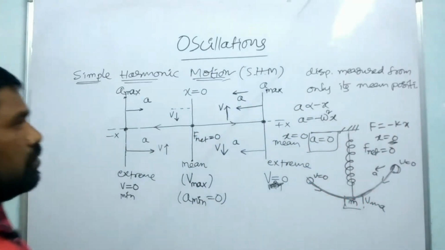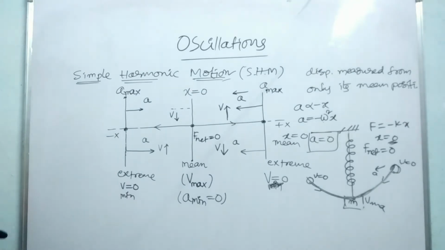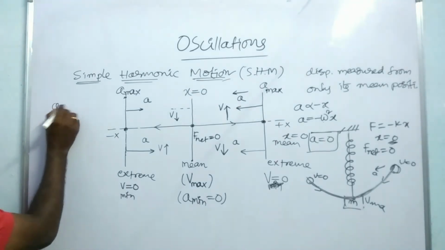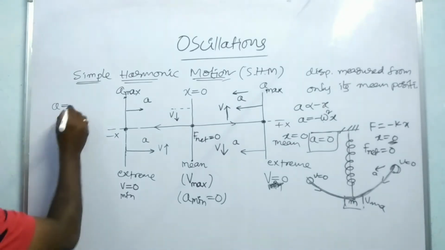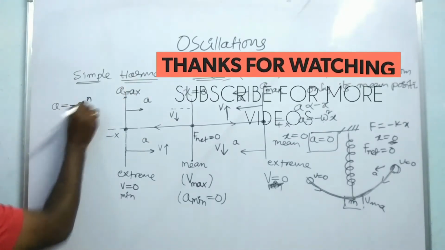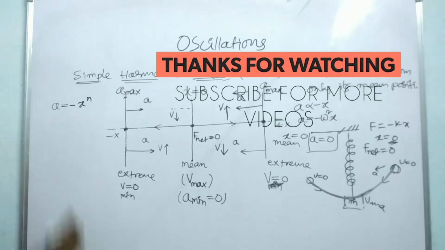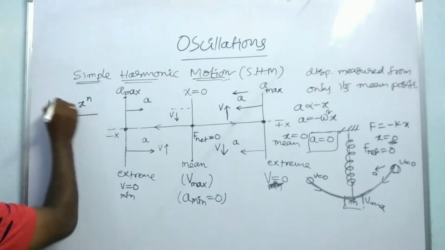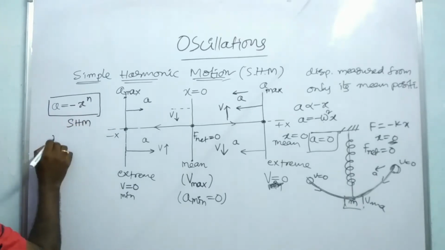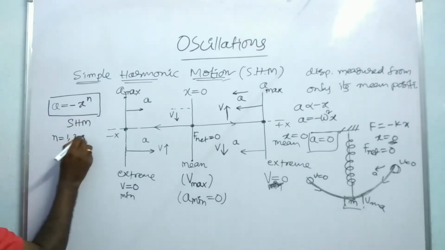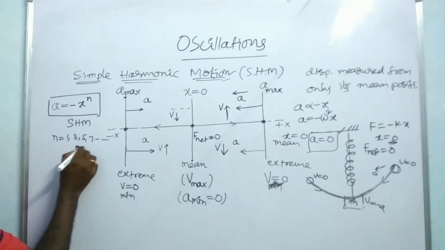So this is the method. And simple harmonic motion is the simplest form of oscillatory motion, where a is equal to minus x to the power n. So this is the basic formula we have to learn about SHM, where n is 1, 3, 5, 7, all the odd numbers.